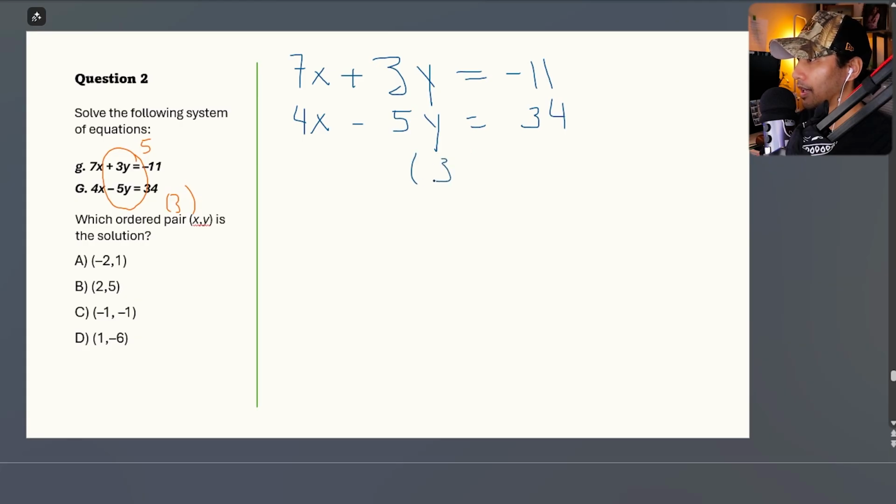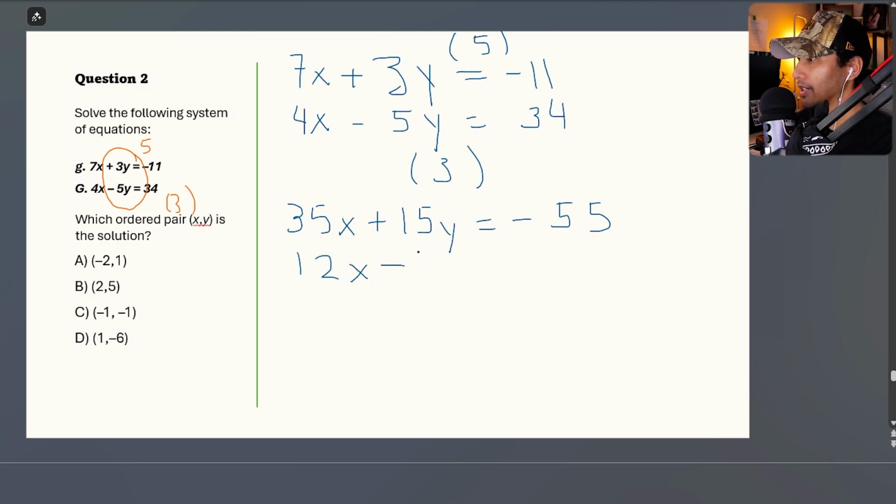So I would multiply by 3 here, then multiply by 5 here, and then we would get 35x plus 15y equaling negative 55.